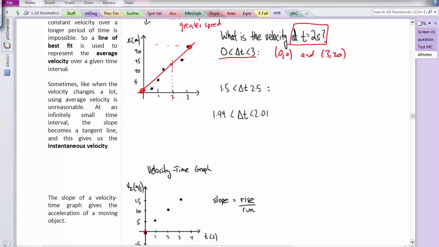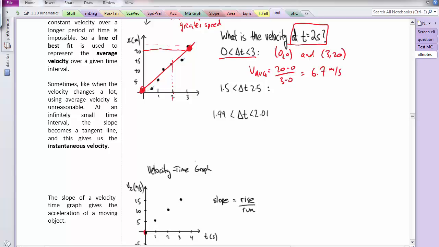Notice how this point maybe was a little bit higher, but we need to use points on the line of best fit. So V average is 20 minus 0 divided by 3 minus 0. We get an average velocity of 6.7 meters per second.